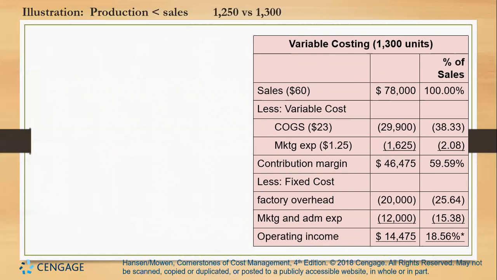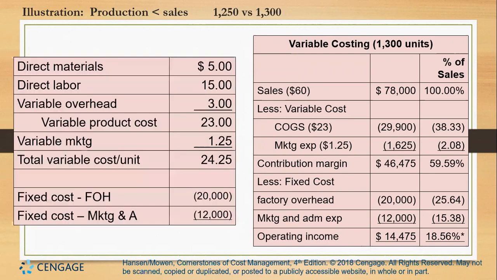So we have now the sales, we deduct the variable cost of goods sold and marketing expense. So the contribution margin of 46,475. Now we use the term contribution margin for variable costing. We deduct the fixed factory overhead and marketing and admin expense. We have the operating income of 14,475.